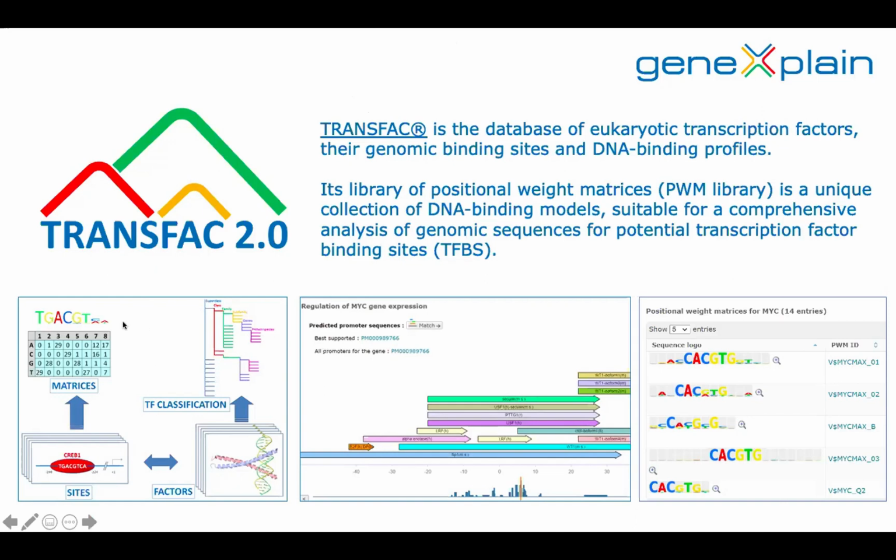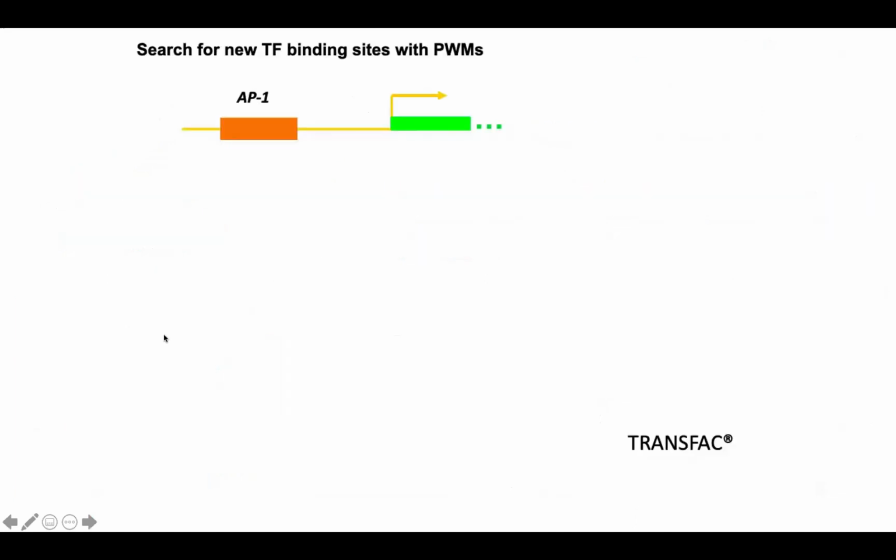Okay, but one of the most questioned and requested assets in TRANSFAC are these positional weight matrices. And let me explain a bit what it is. What we are doing, we're going through the literature, as I said, and collecting information about individual binding sites for transcription factors.